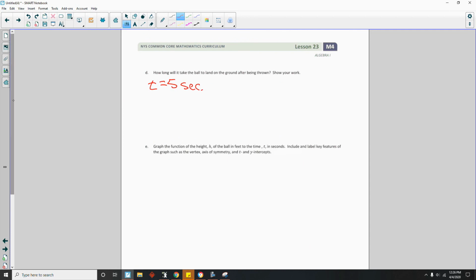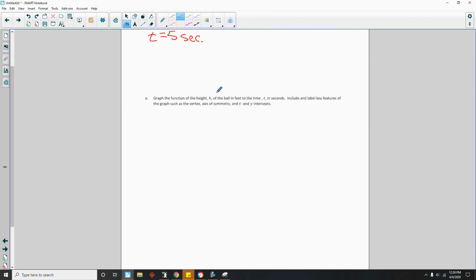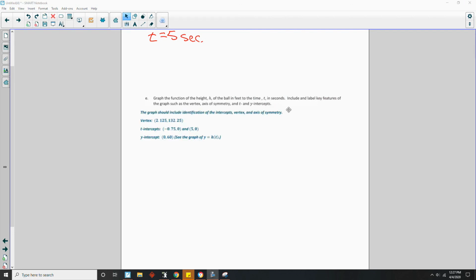Part E says to graph the function of the height h of the ball in feet to the time t in seconds. Include and label key features of the graph, such as the vertex, axis of symmetry, and t and y intercepts. Okay, so here's the summary, and it's typed out so it's more legible than my chicken scratch.